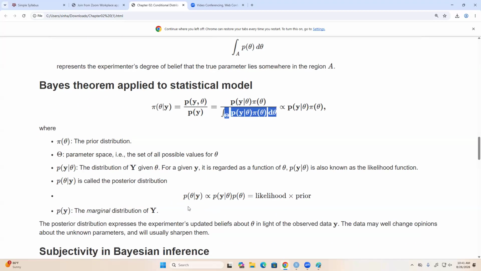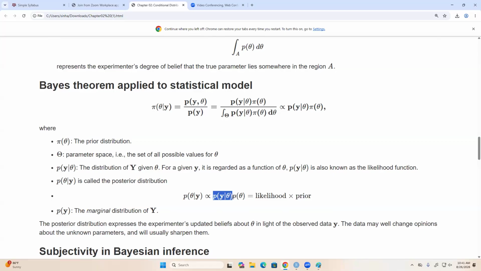So the bottom line that you get is that the posterior density is proportional to the prior density function of the parameter and the data likelihood. Data likelihood means the density function of the observed data given the parameter theta.